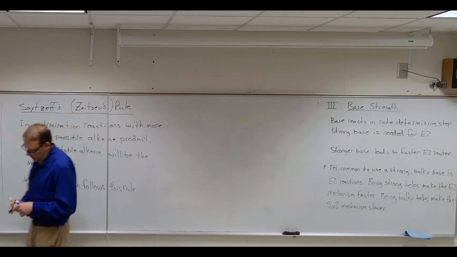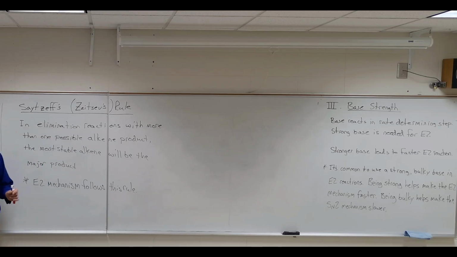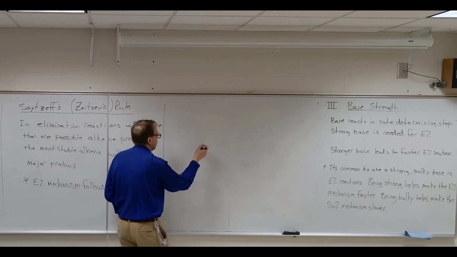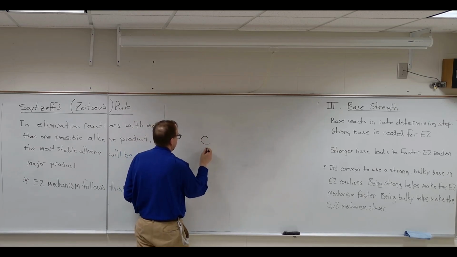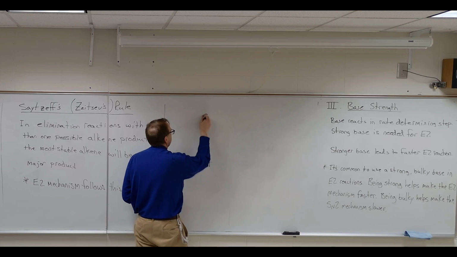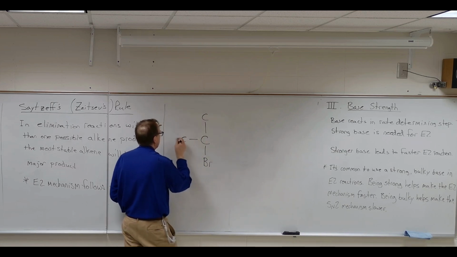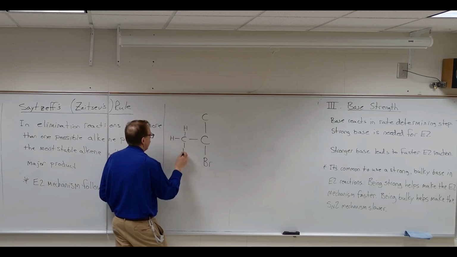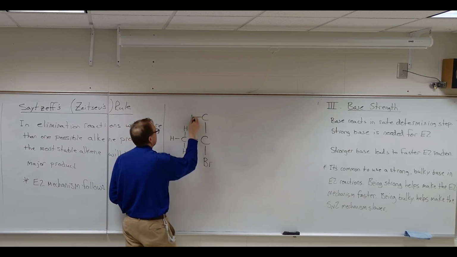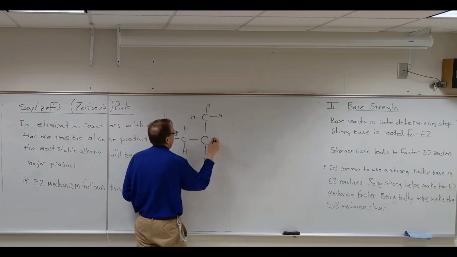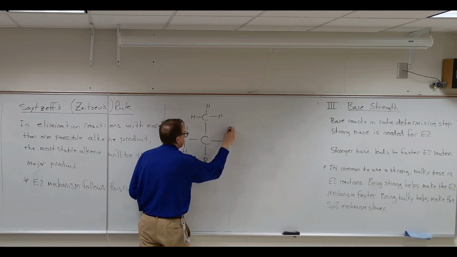So here's an alkyl halide that has a couple of different possible products. There's a central carbon atom that has a leaving group, that's a bromide, that's a good leaving group. And then there are a couple of CH3 groups attached to that carbon, and an ethyl group attached to that carbon as well.